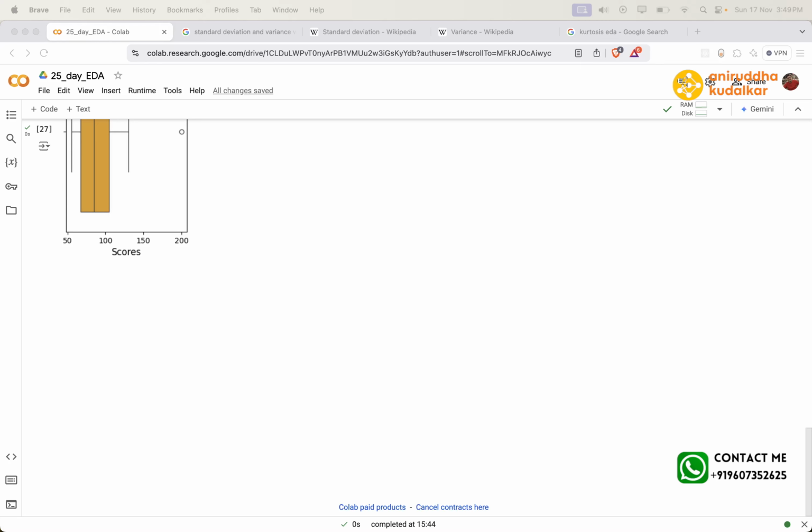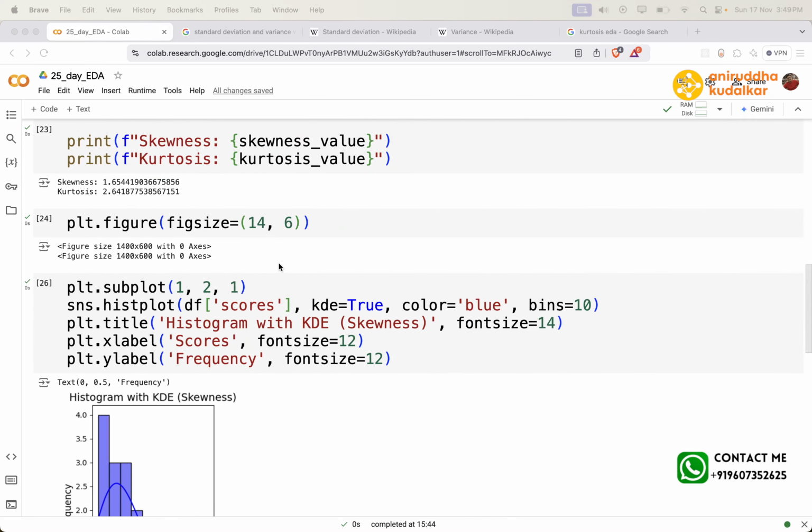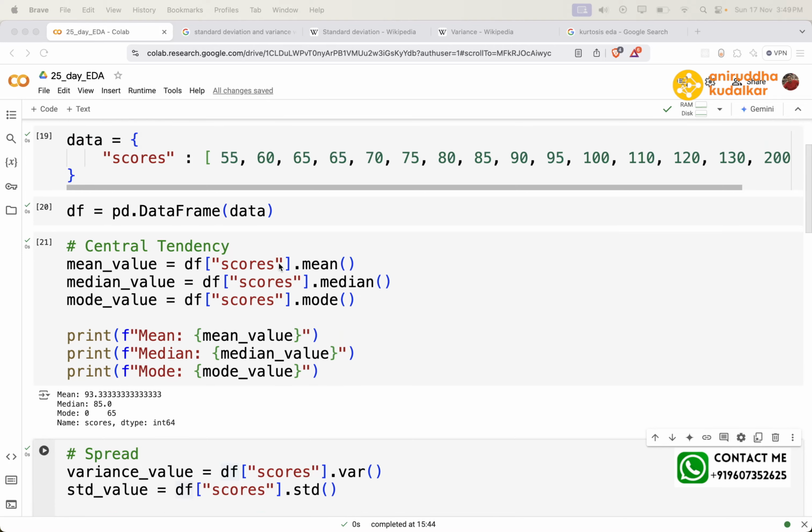Aniruddha, can you please show the code? Yeah. all about the data frames.